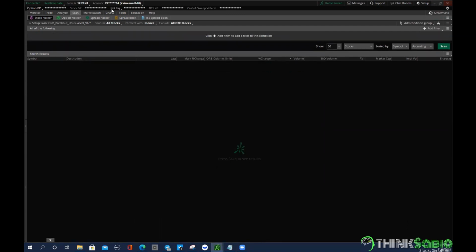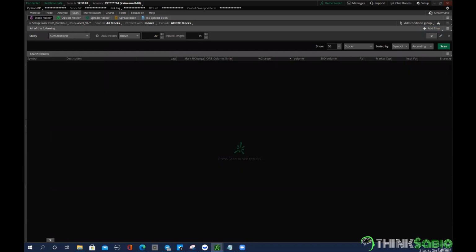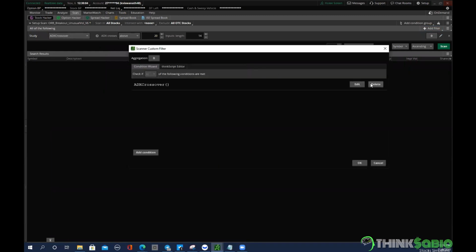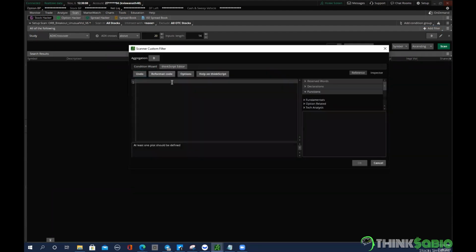You don't have anything. So you go to scan, you click on add filter, you click on study, right? Then some default will come, you click here, go to custom, or you can directly click this here. And then you pull this here, and delete whatever is there, go to thinkScript editor, and then paste this.